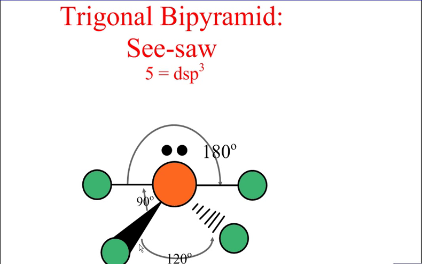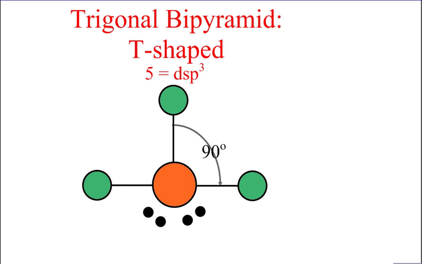And then we have 2 bonds that are at 120 degrees, and between the 2 that are 120 degrees existing in the same plane and the 180 degrees, which exists in a different plane, there's 90 degrees. If we add another lone pair, we end up with the T shape, which looks like a T, and all the bonds exist at 90 degrees.